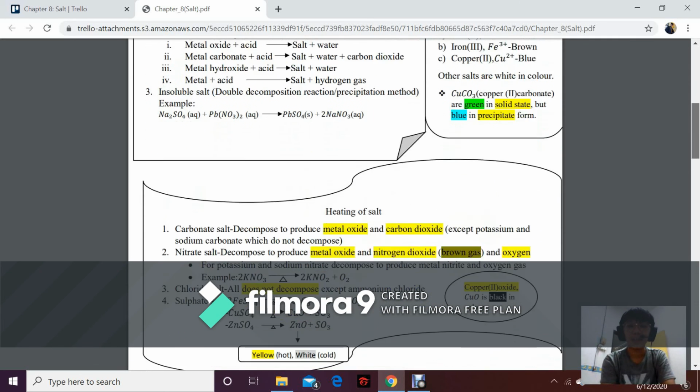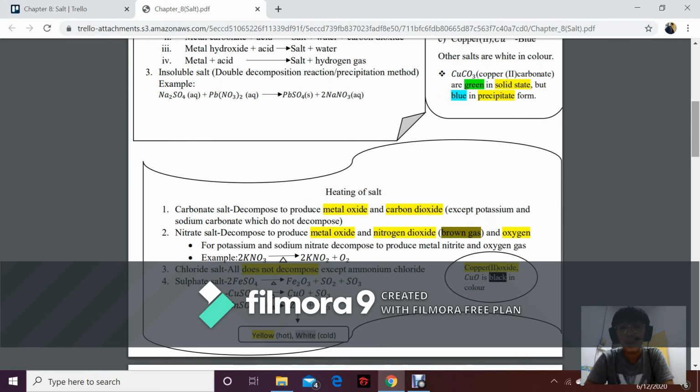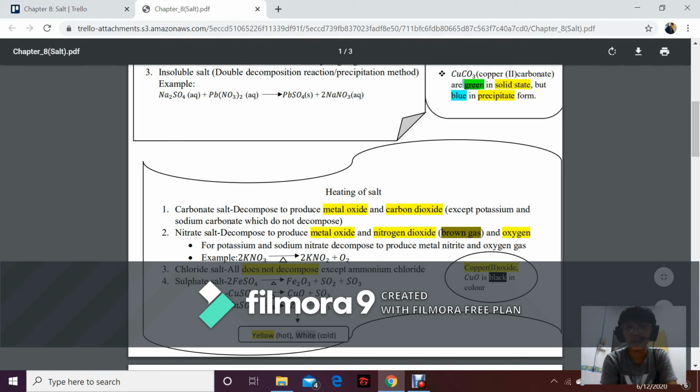So let me make a small conclusion here. If you see copper 2 ion, it is blue in color, but there are exceptions. In the solid state, copper 2 carbonate is green. Copper 2 oxide is black.